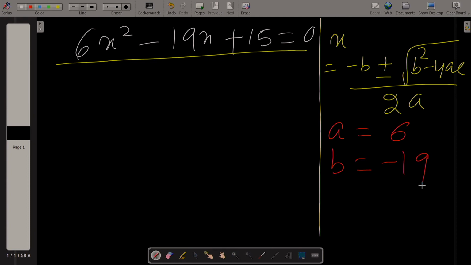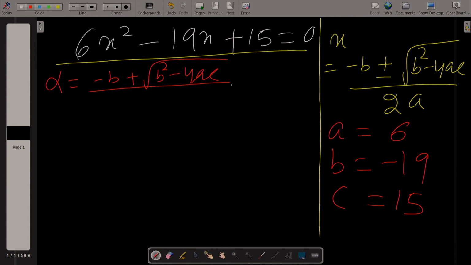The value of c equals 15. Now, when talking about x, there are two roots, and we can take the first as alpha. Alpha is (−b + √(b² − 4ac)) / 2a. Only the positive part I have taken as the first root, alpha.